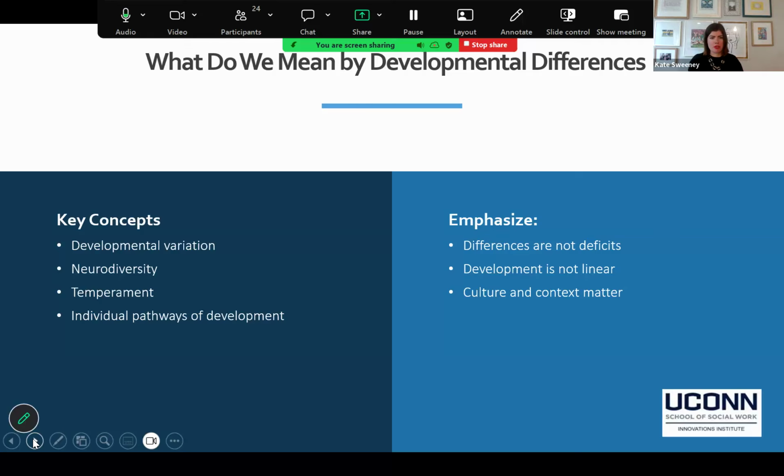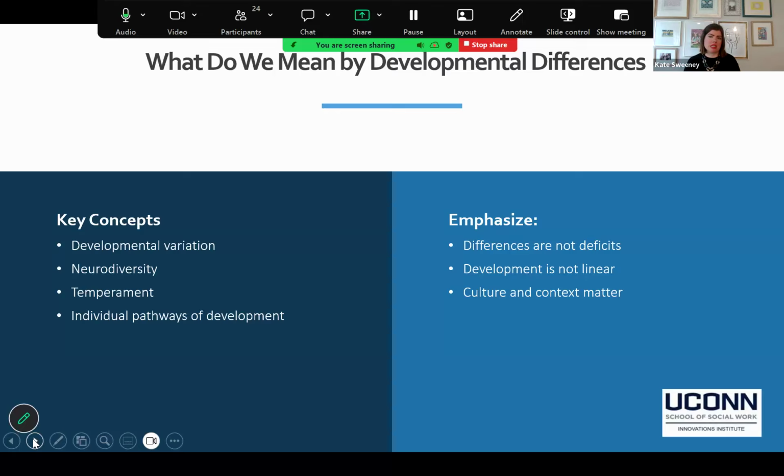That we need to offer opportunity for individual pathways for development. We know that there are some things that are really important or key, but humans are not equations. And so there are always other parts of their own pathway that we need to consider. And the importance of really understanding developmental differences versus delays or deficits, right?